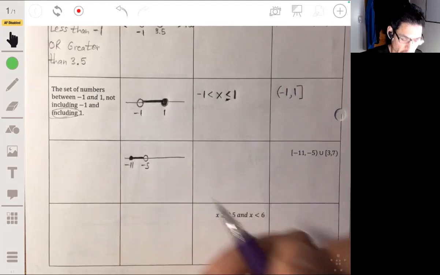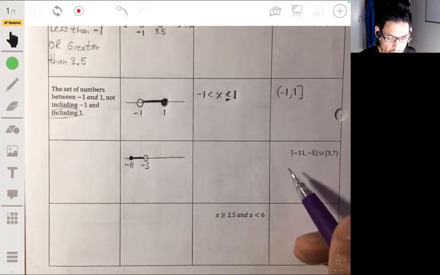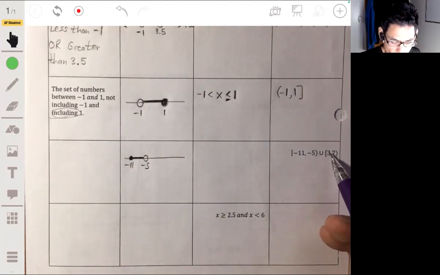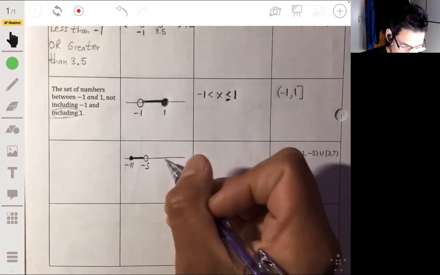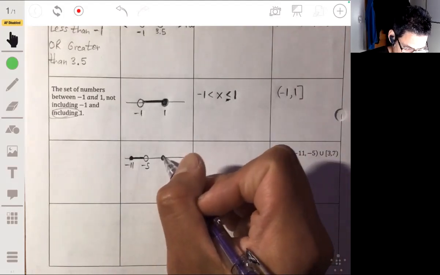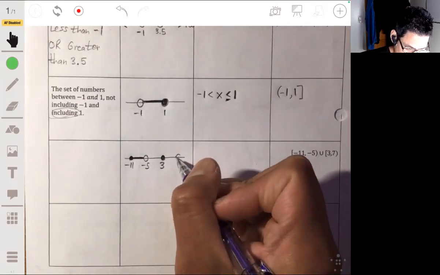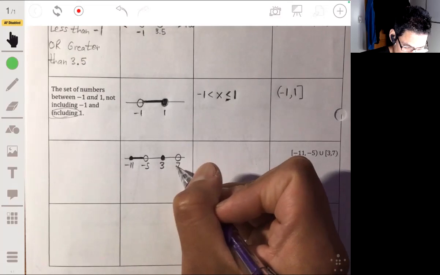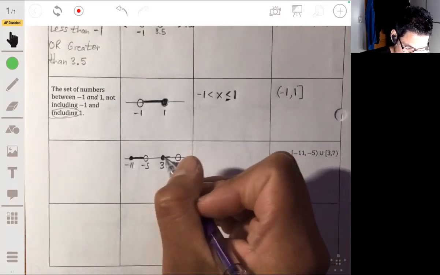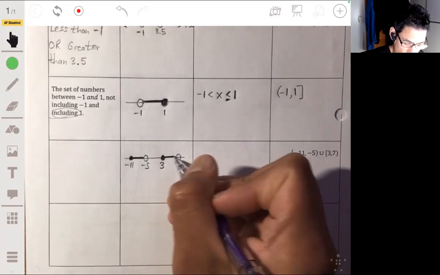And then we shade between. And then we start up again at 3 with a closed circle because we have a bracket. And then we go to 7 with an open circle because of the parentheses. We shade between.